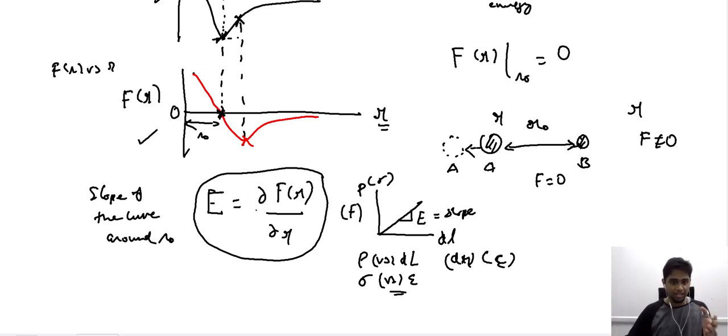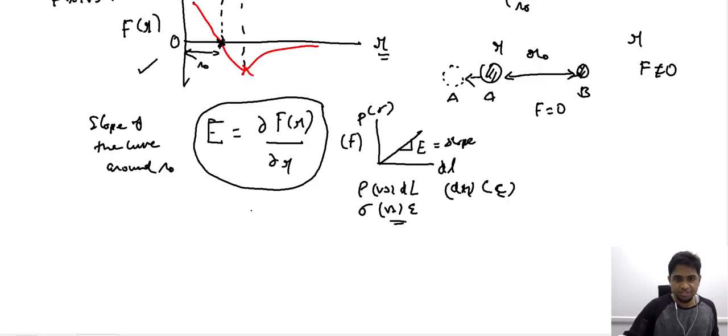In addition to that, it also helps us quantify one of the critical parameters that prescribes the elastic behavior of the metal. So again, we need to qualify this expression here because this slope is not anywhere, but this slope is around R0.